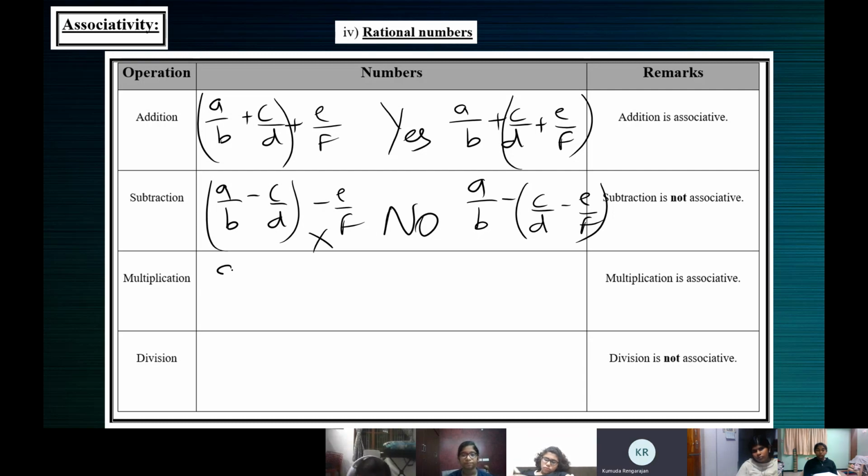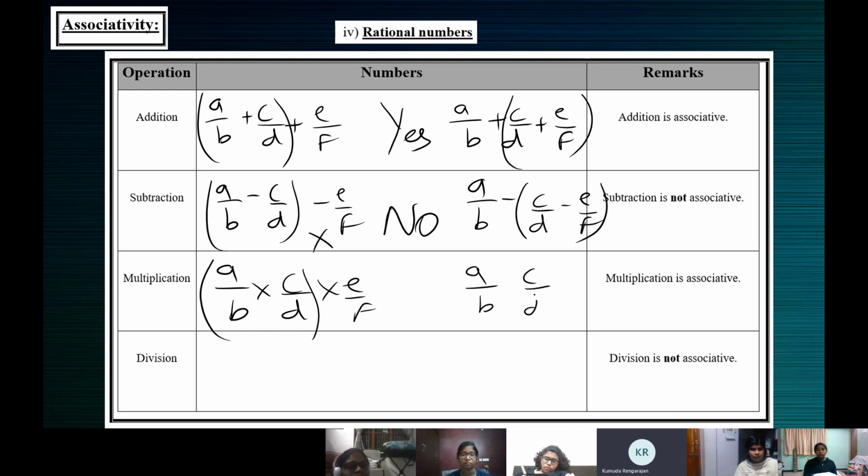When I multiply A by B into C by D into E by F, I group the first two, or multiply by grouping the last two, I will get the same answer. The answer will be the same in both the cases.